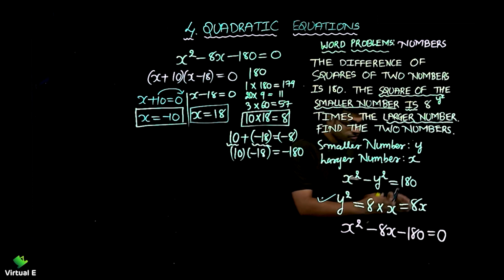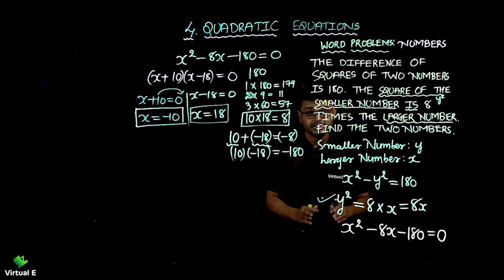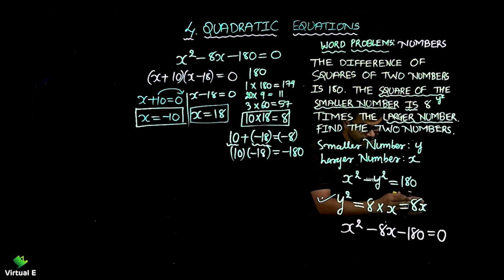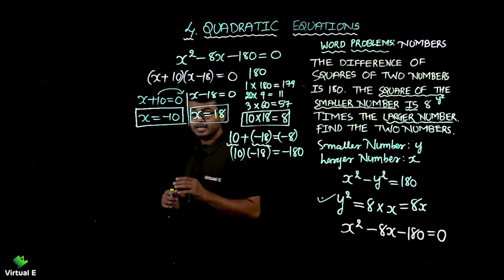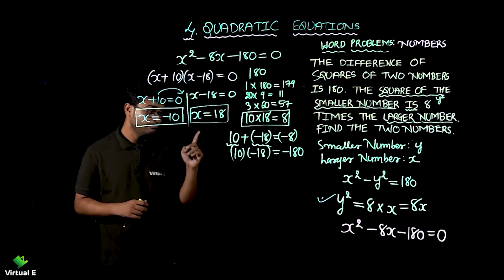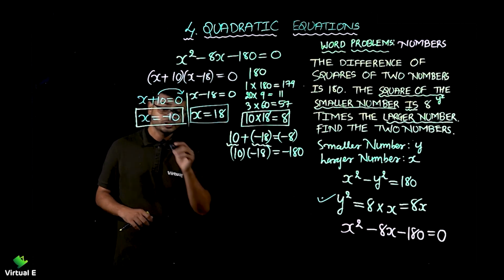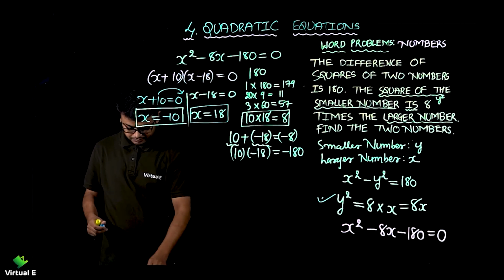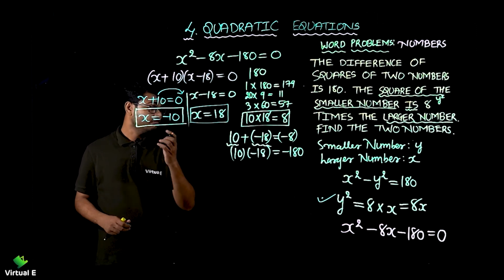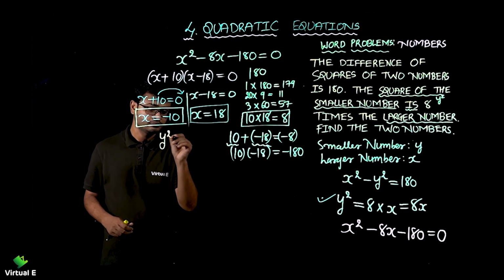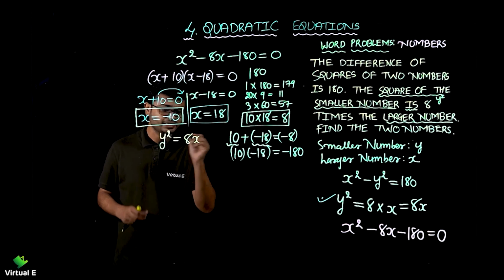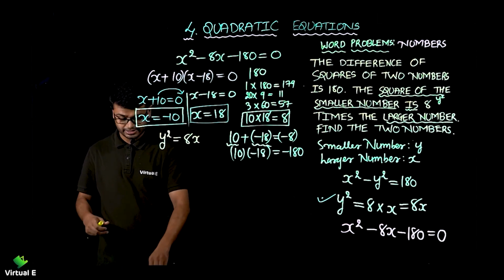y square is equal to 8x. So it means that whatever value I multiply with 8, it should be a perfect square. Let's do it. And it should be positive. One thing, perfect squares are always positive, never negative. So let me write the condition here. That's what y square is equal to 8x. Clear? Now let's write this condition.